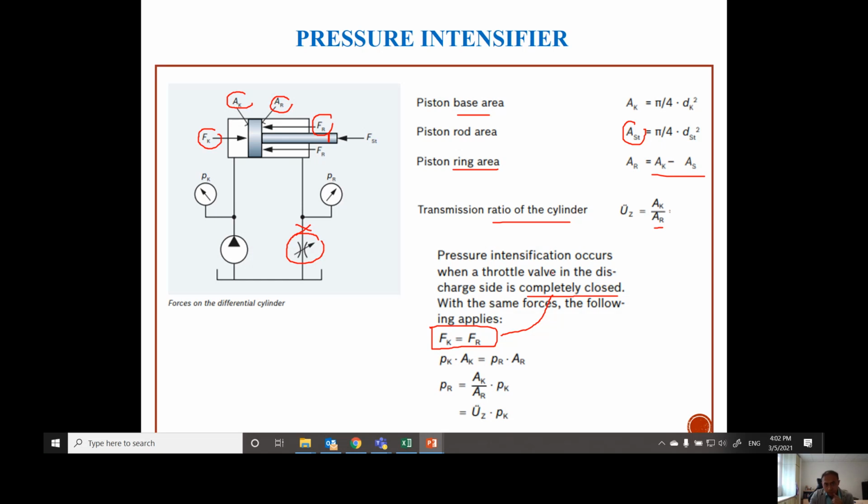Throttle valve is actually one type of FCV. So when you fully close this, the force Fk equals Fr, and if you know that Fk is pressure Pk times Ak, and then during retraction equals Pr times Ar.